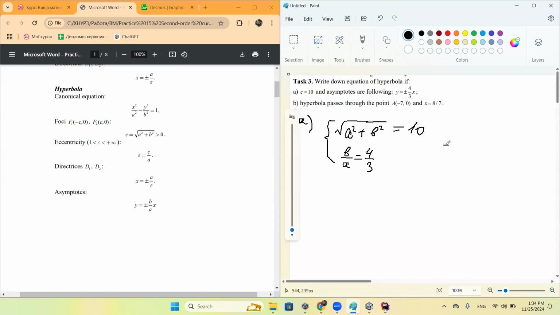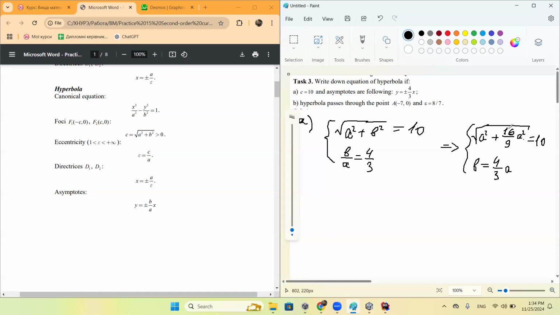So let's express B. B equals 4 by 3 A, and so A to the power of 2 plus 16 by 9 A to the power of 2, and the square root of this sum equals 10.